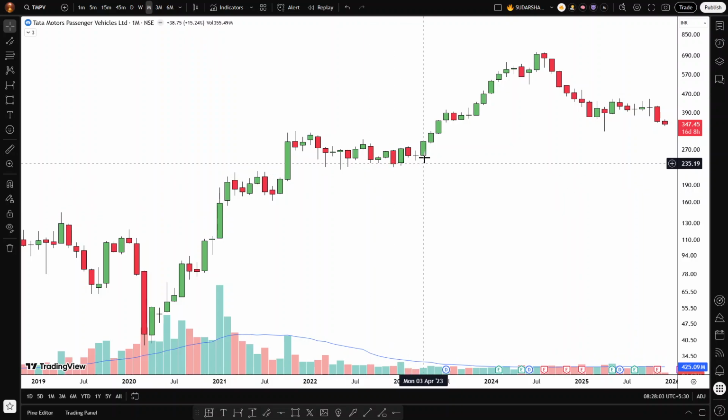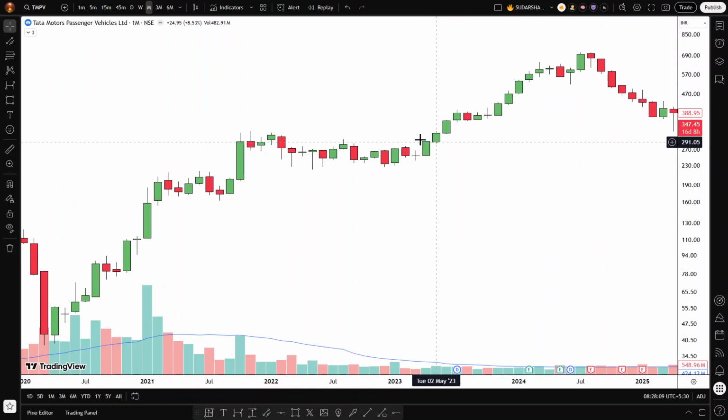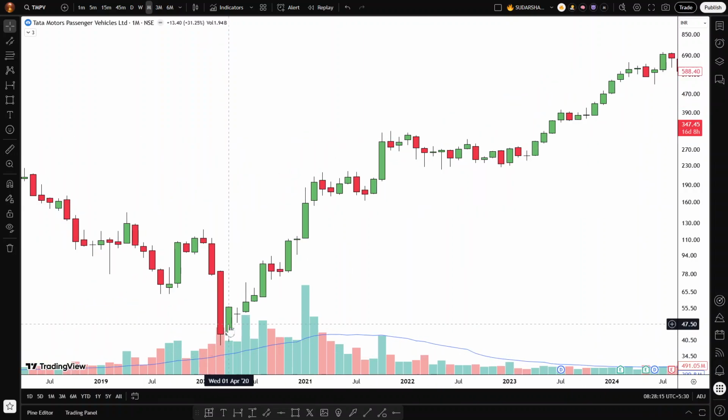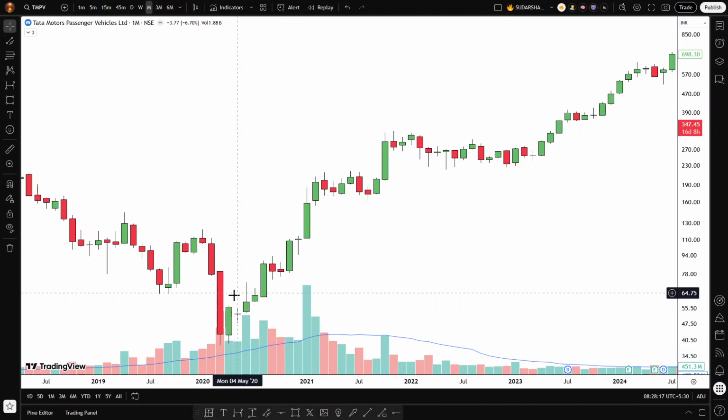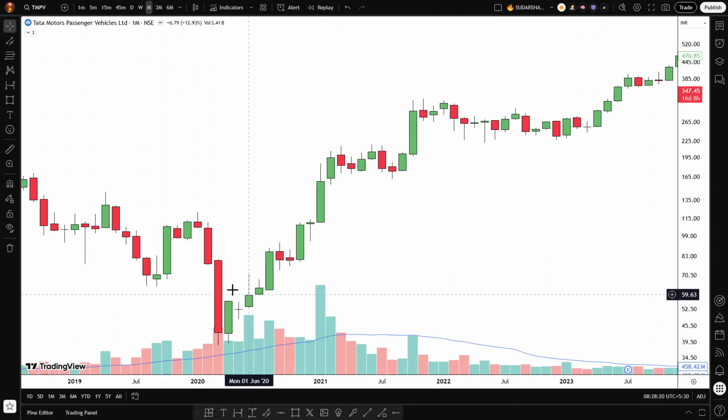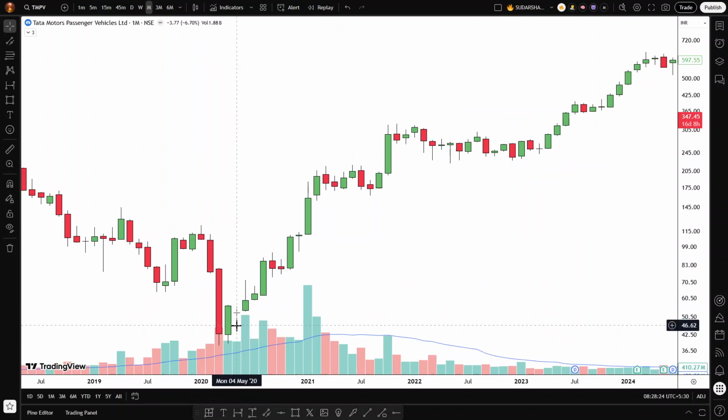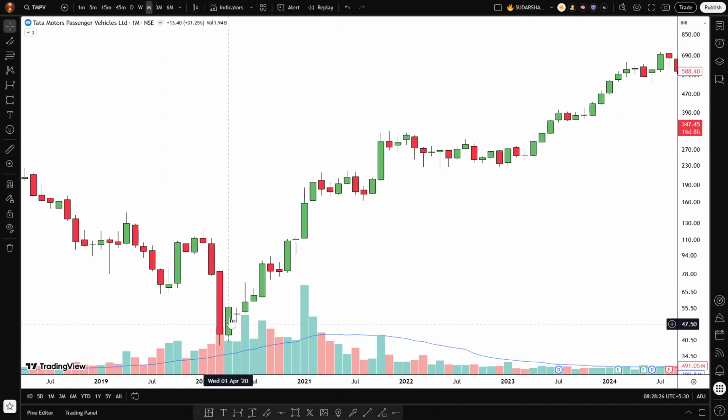And again you could see the up move. When an up move starts, generally the candle will be full. There will be no wick. If you want to see here also, there is a wick on the lower side but not on the upper side. You could not see any wick. This is like buyers are in full control.